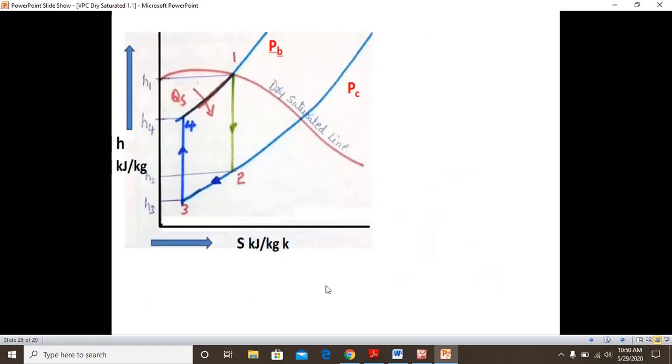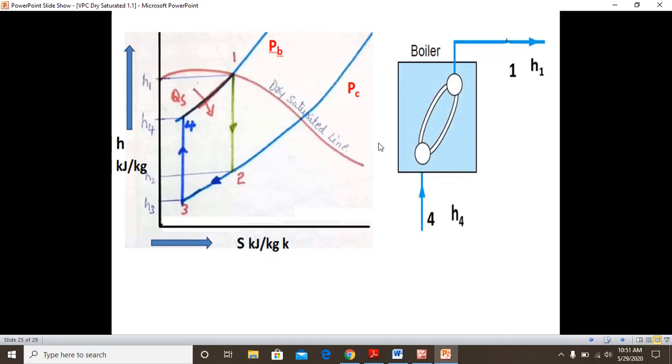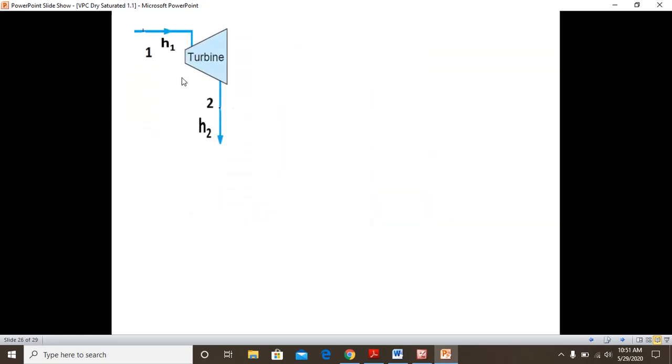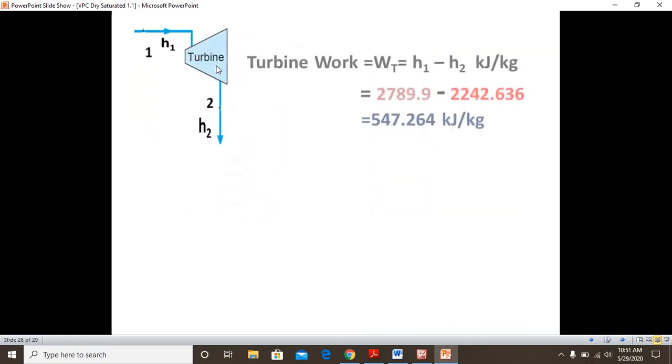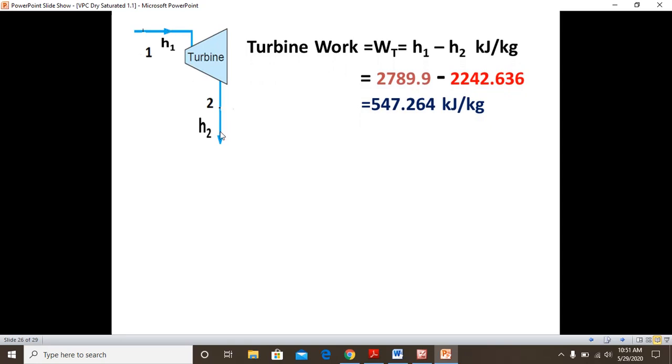You have all the values now, H1, H2, H3 and H4. If you want, in your notebook you can note down all the values H1, H2, H3, H4. Now the amount of heat energy given to the fluid in the boiler is H1 minus H4. Heat is supplied here, you see here I am showing the direction. Then turbine work, this is the turbine, it is expanded.